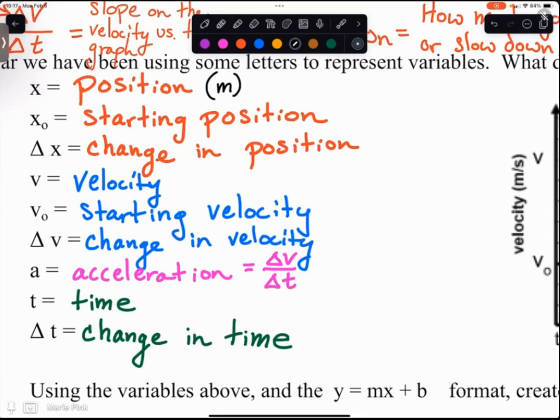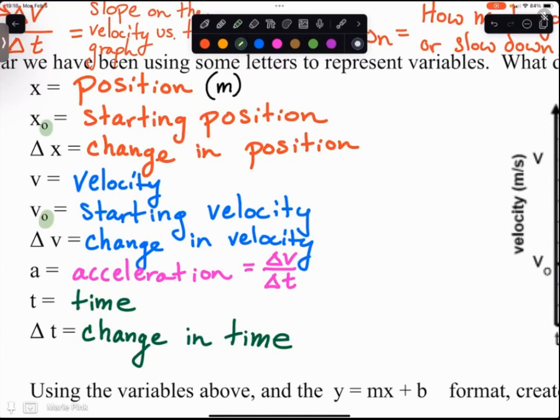The little zeros, you'll notice them here and here. The zeros mean at time 0, and it's read as x naught and v naught. So the little zero, you read it as naught. And what that means is it's just your starting position or where you were at time 0. Or in terms of v naught, that's your starting velocity or your velocity at time 0.